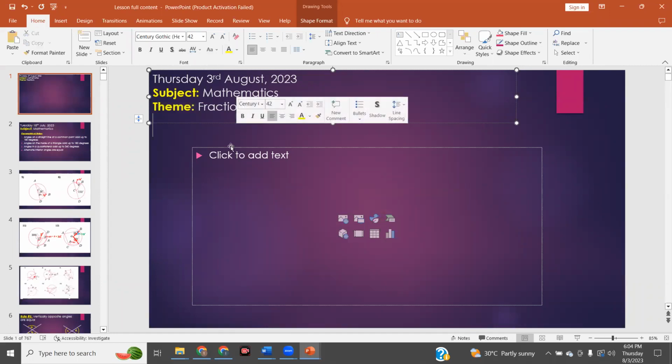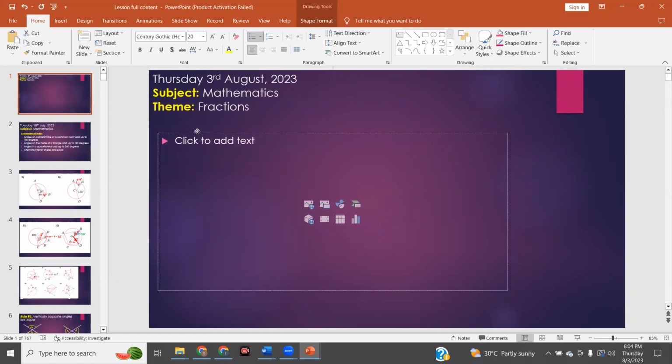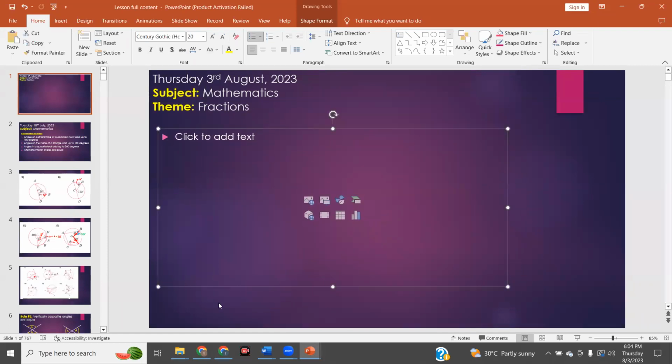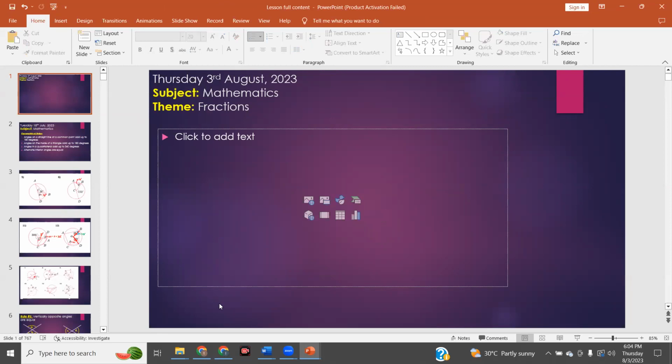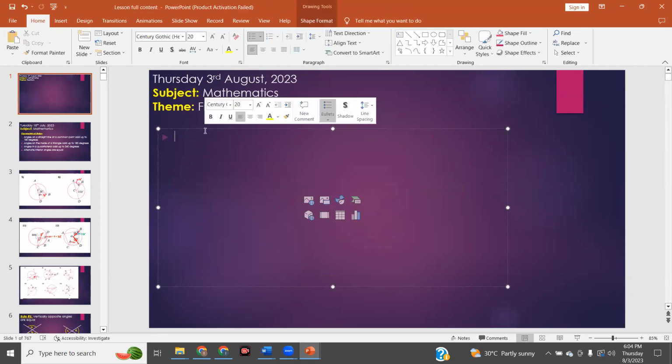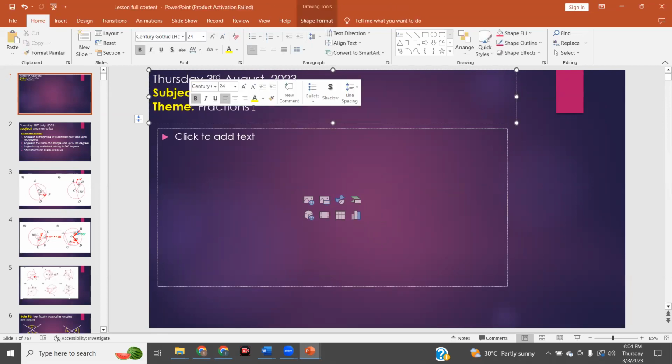All right, so let's add these fractions. Like I said, we're going to add and subtract them, and they're going to be with unlike denominators.